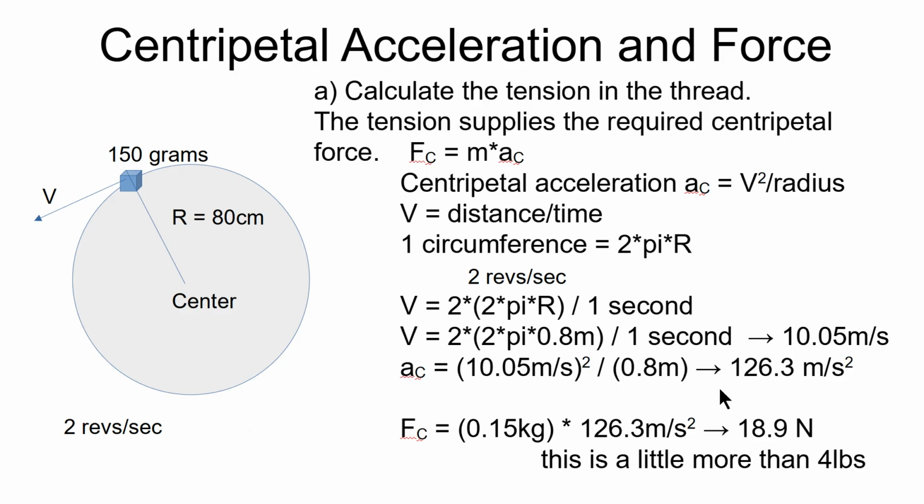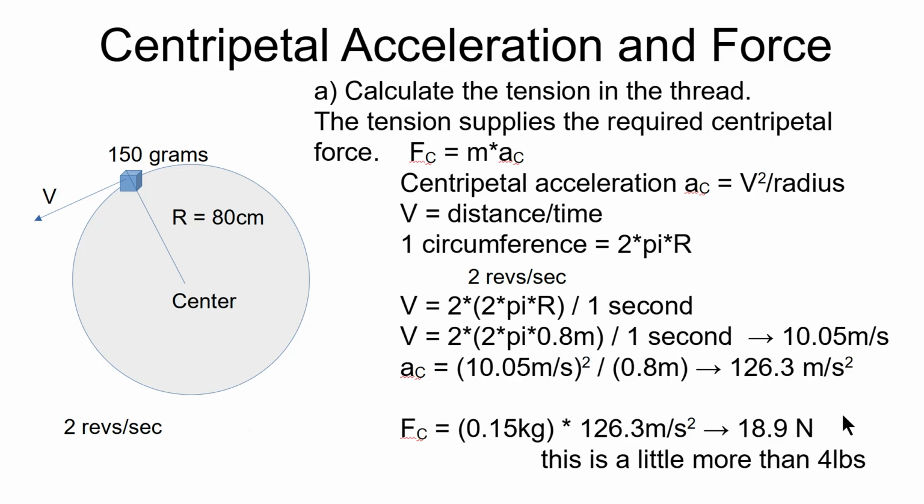Well, one more step. Let's find the tension in the string that's creating our centripetal force. So the centripetal force is mass times acceleration. 150 grams becomes 0.15 kilograms. And with the centripetal acceleration we just found, I have 18.9 newtons.